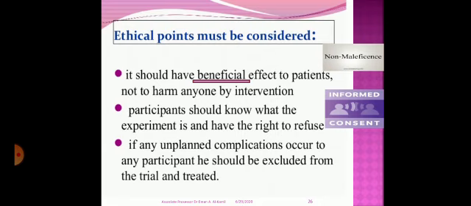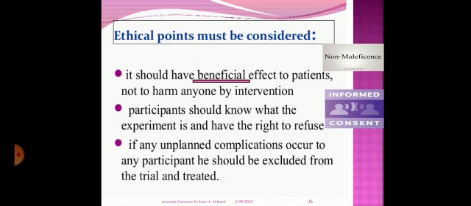So it should be of benefit for the people, and we should not harm the people who are exposed to our intervention. Also, the participant should know what the experiment is, what the risks are, what the benefits are, and they have the right to refuse or to accept to participate in the study. So it needs informed consent of the individual.